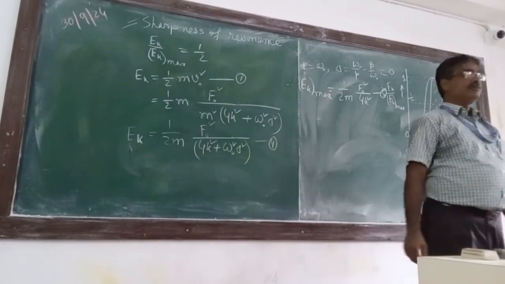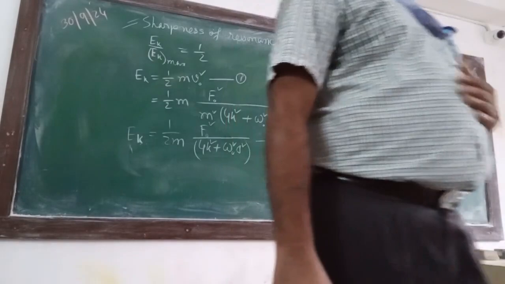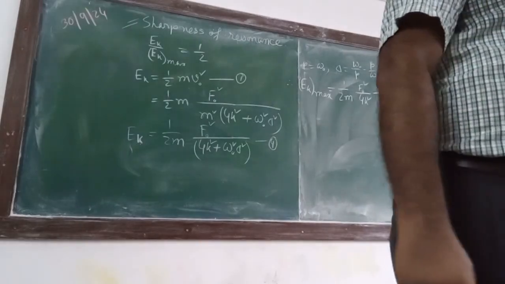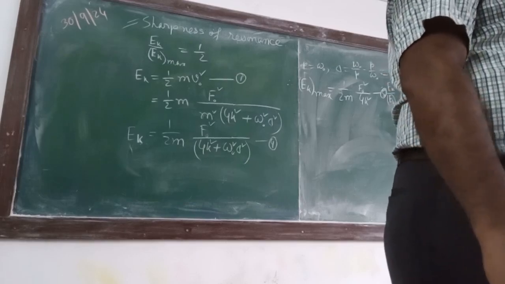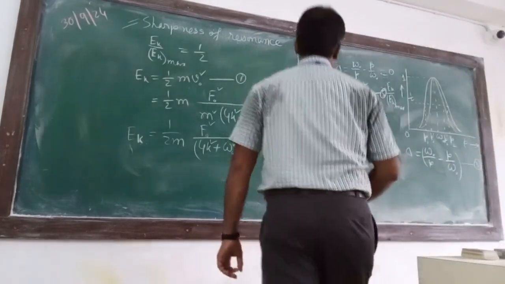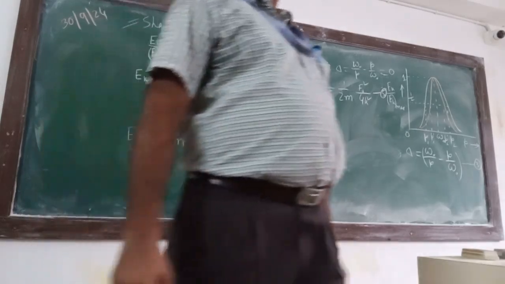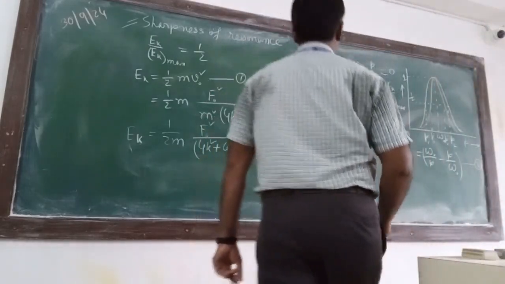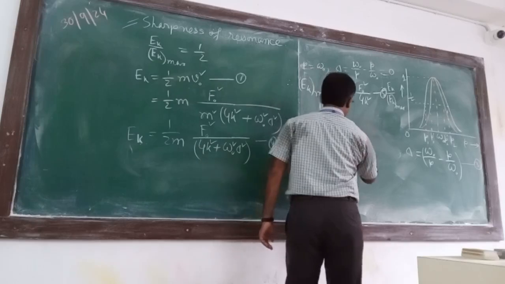The sharpness of resonance is quantitatively defined as the reciprocal of magnitude of del at which Ek by Ek max equals to half.